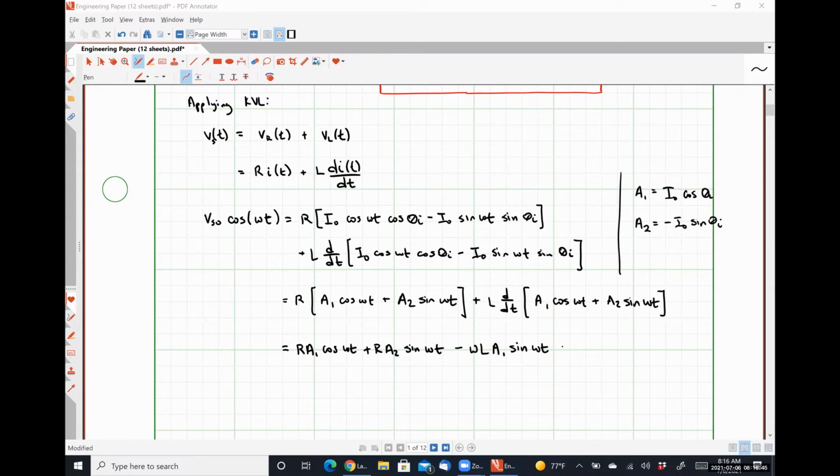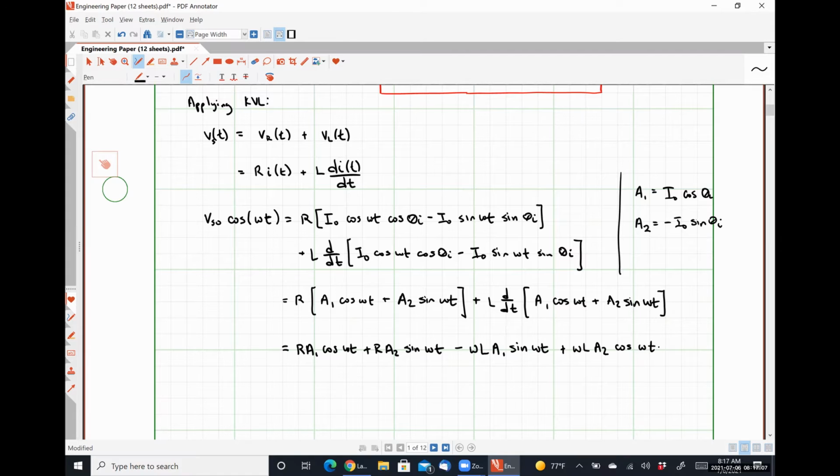So that should be plus omega L A2 cosine omega t, if I did my calculus correctly, and I think I did.